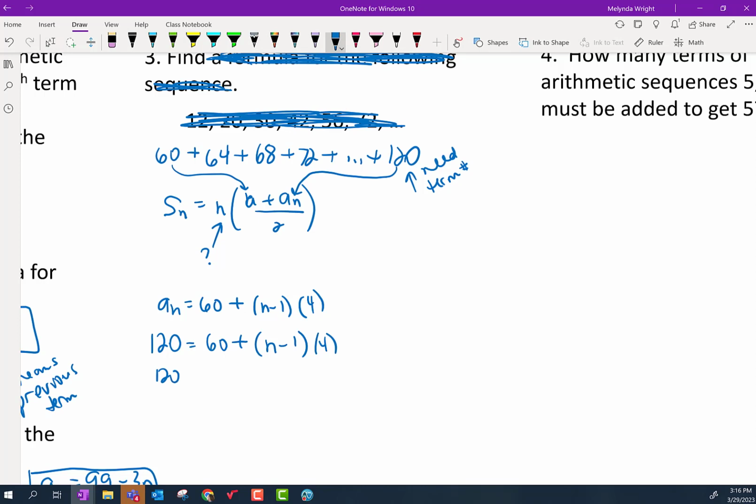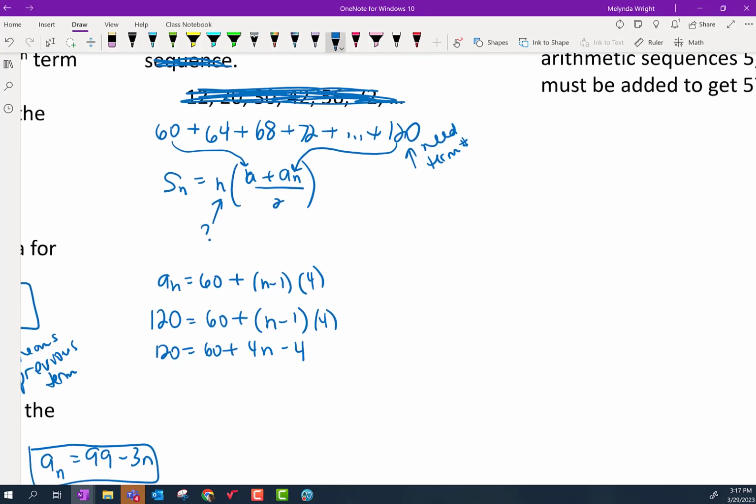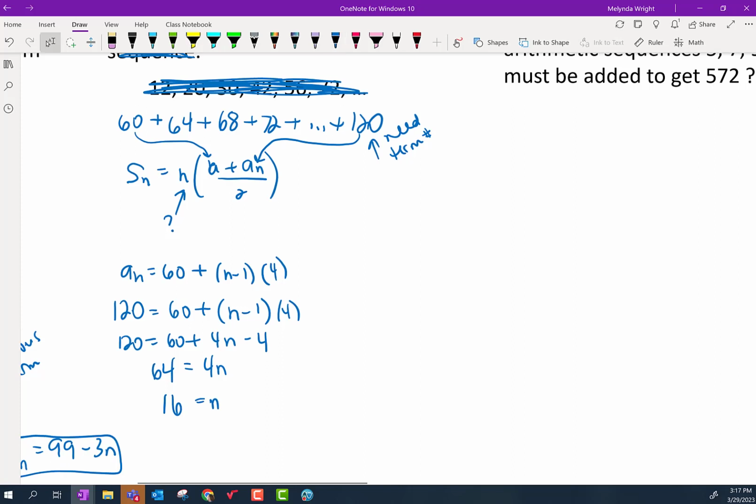So let's see, we've got 120 is 60 plus 4 times n and negative 4. Combining like terms, I get 4n is 64, and then dividing, I get n is 16. Okay, there we go. So now we have all the information that we need.